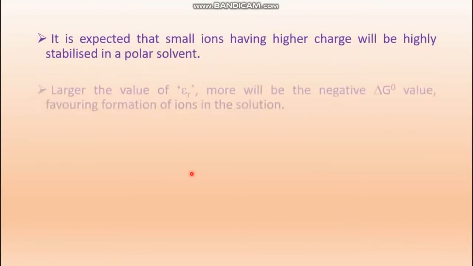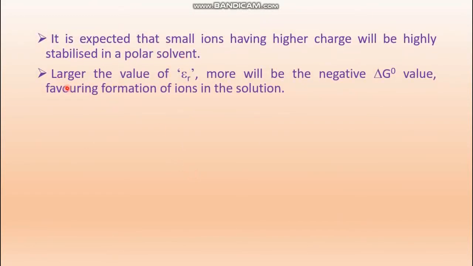Larger epsilon r gives a more negative delta G0, favoring the formation of ions in solution. That means it will favor the ionization of acid or base molecules.